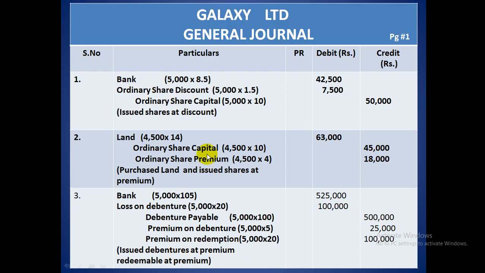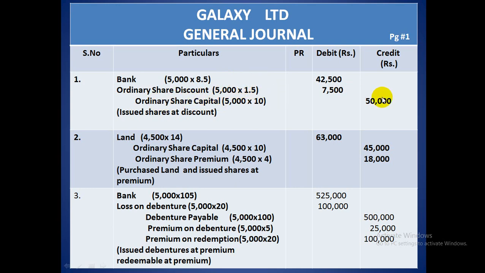Have a look at the journal. In first transaction, company issued 5,000 shares for 8.5 per share. So this is the amount which company's bankers have received. 1.5 is to be debited as discount by multiplying it with the number of shares which the company has issued.